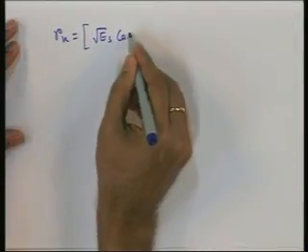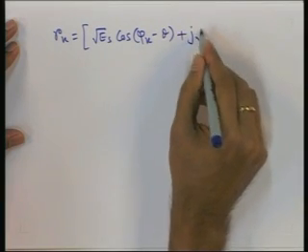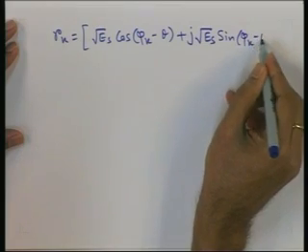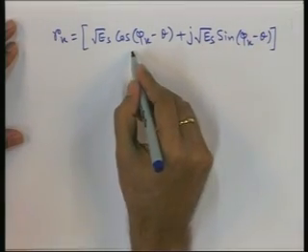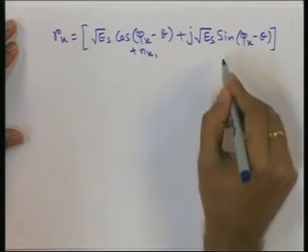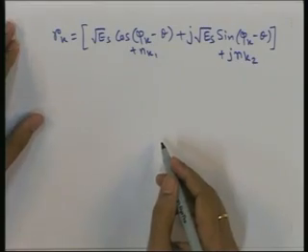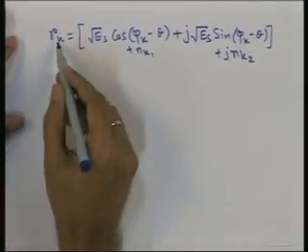And mathematically it means that we are computing Rk, the received vector, that is root over Es cos phi k minus theta plus j times root over Es sin phi k minus theta, plus noise, and then we have passed it through delay.